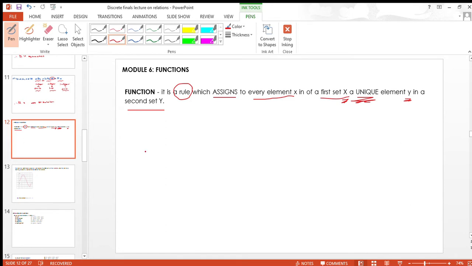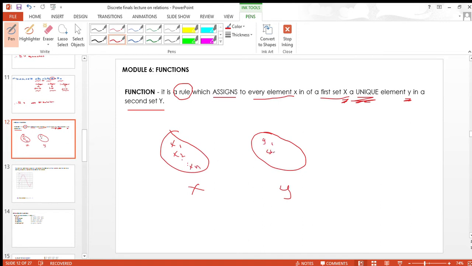Okay? If we try to define that, there will be two sets involved for a function. Let's say this is our set x and this is our set y. Let's say we have our elements in the first set as x1 up to xn, and for the second set, we have y1 up to yn.